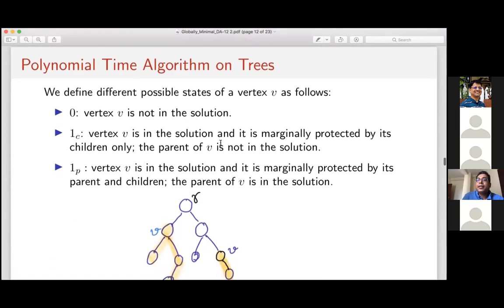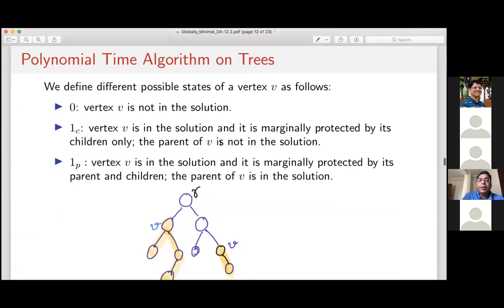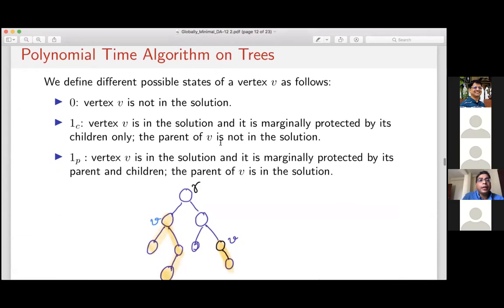There's something called dynamic programming that is a very powerful technique to design algorithms, and dynamic programming can be nicely applied on a tree. Let me first state a few states of a vertex. Vertex V has state 0 if vertex V is not in the solution.